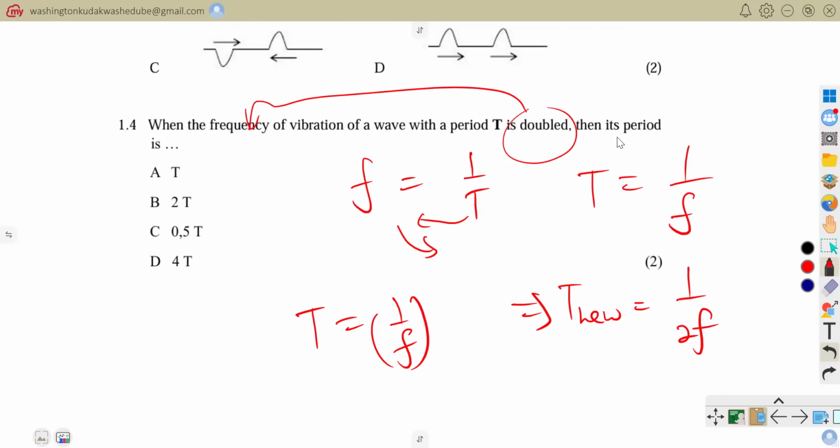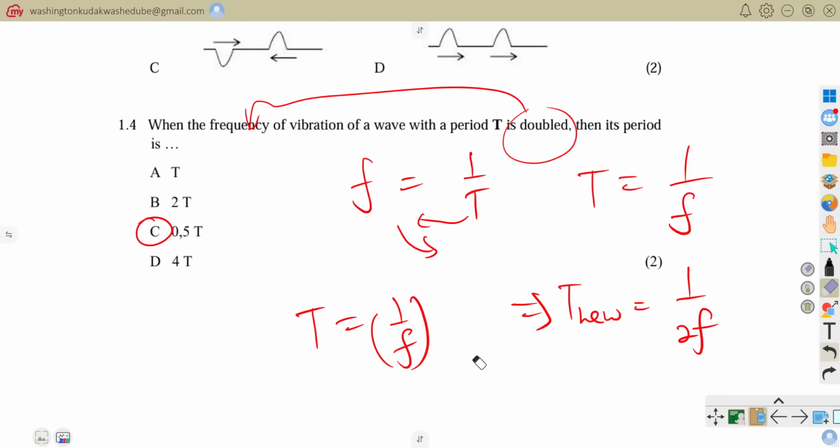And then they say its period becomes what? So its period will simply become 1 over 2f. So you would see that it becomes 0.5 of its period. I'm sure you can understand this, guys. Our period is given by 1 over frequency.